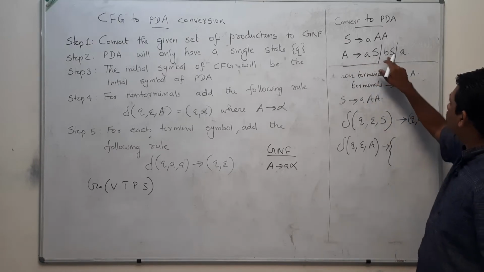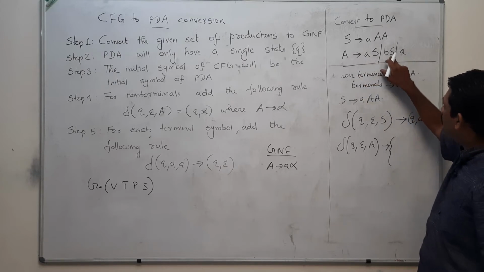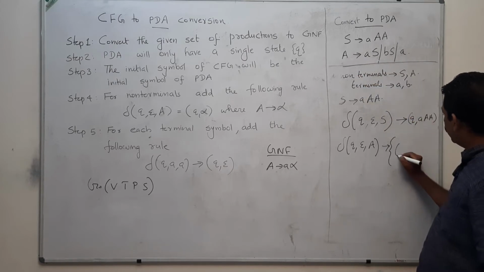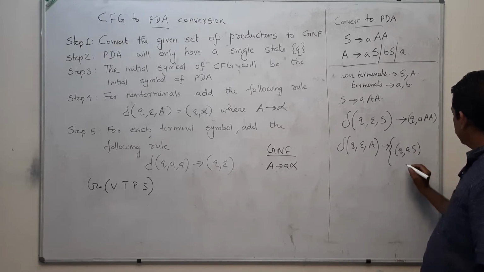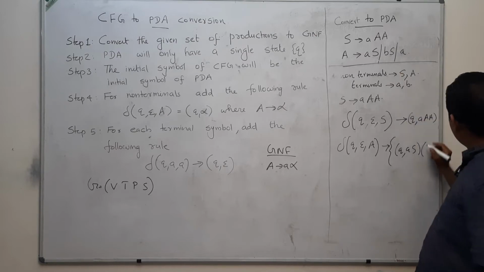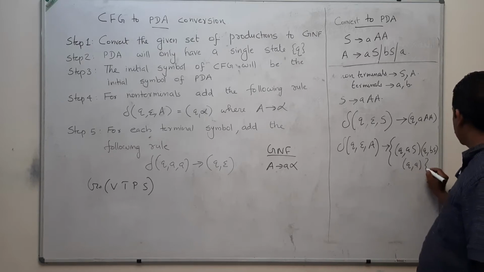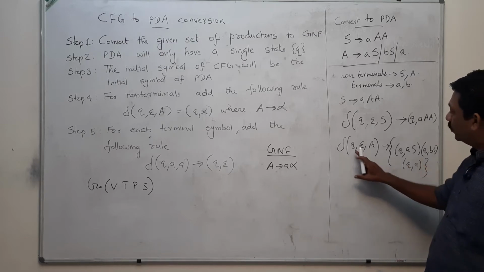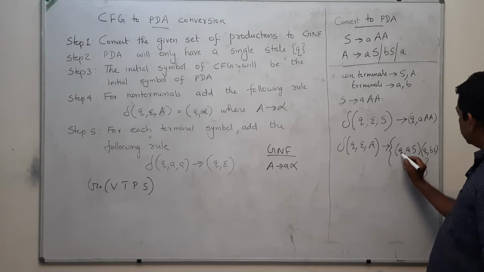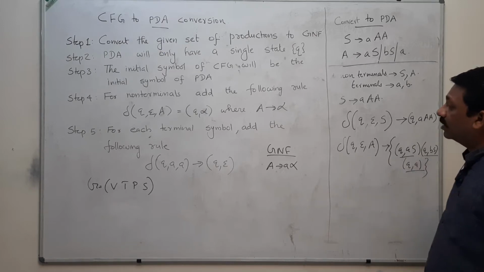A derives AS, BS or A. You can either replace that with AS or BS or A. That means you are going to have Q comma AS or Q comma BS or Q comma A. That's it. That means here delta of Q epsilon A is a set. Either you can use Q comma AS or Q comma BS or Q comma A.